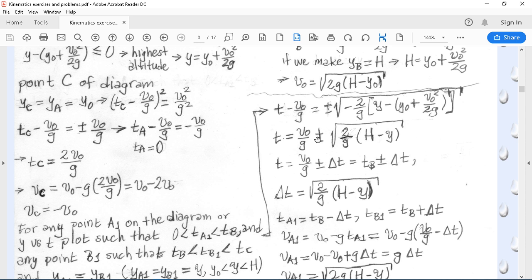Okay, the plus sign corresponds to TB1, the minus sign corresponds to TA1. You can see that in time, TA1 is equally separated from TB as TB1 is from TB.